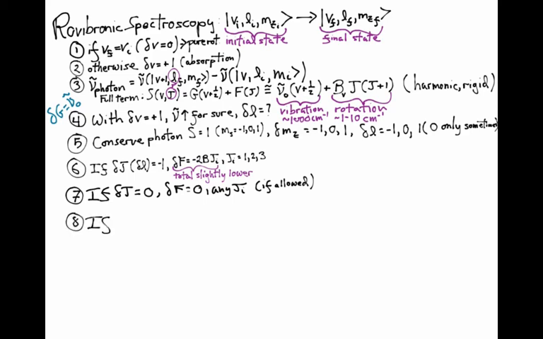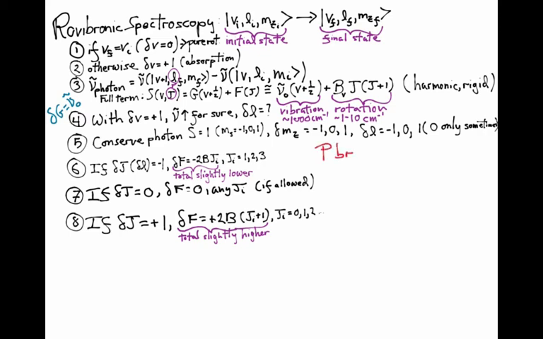And finally, if J goes up by 1, then the change in the angular momentum term is plus 2b times J plus 1, and the initial J can be 0, 1, 2. You can go up from the bottom, up from 0, so we can allow 0 here. And the total wave numbers are going to be slightly higher than just the wave numbers associated with the vibration.